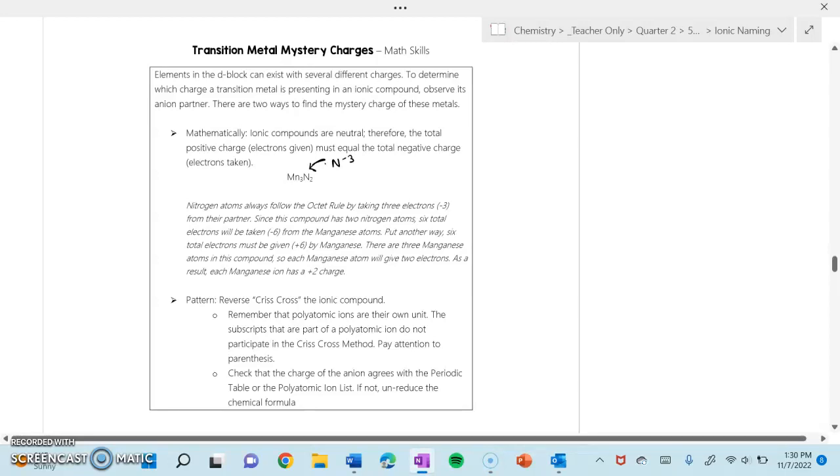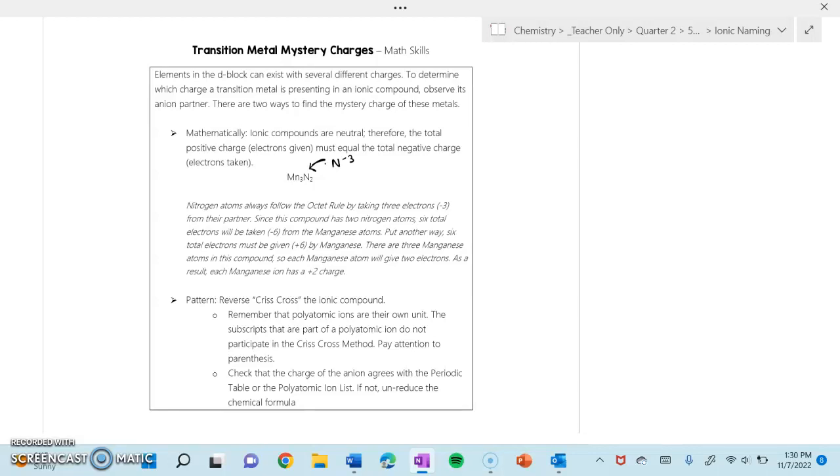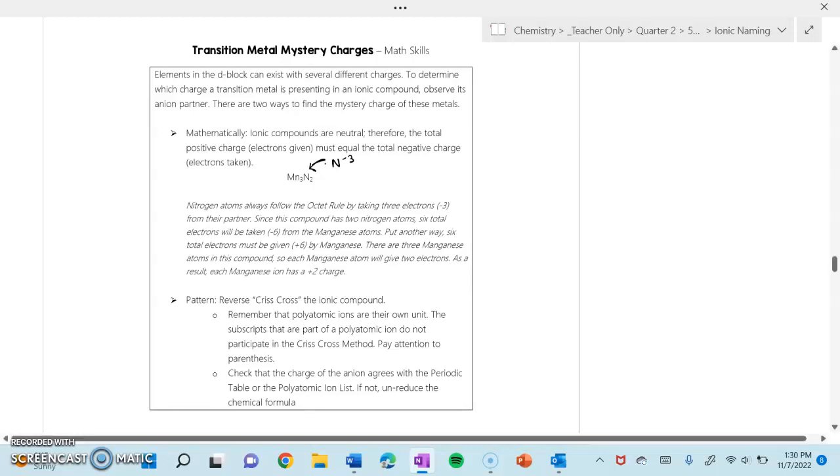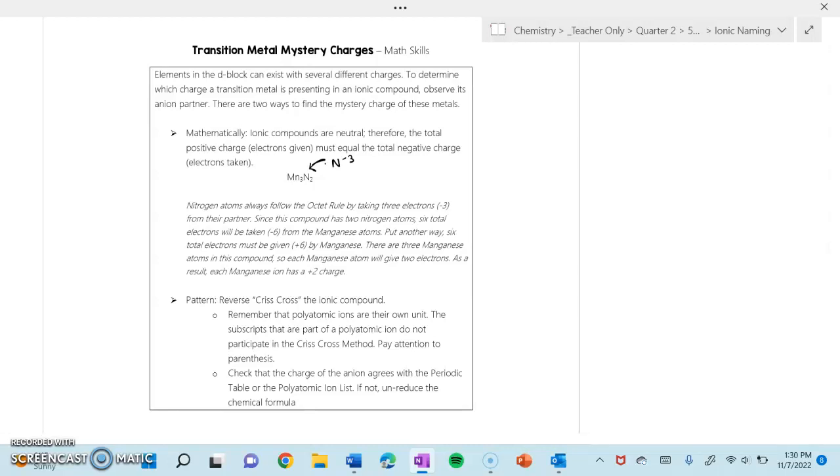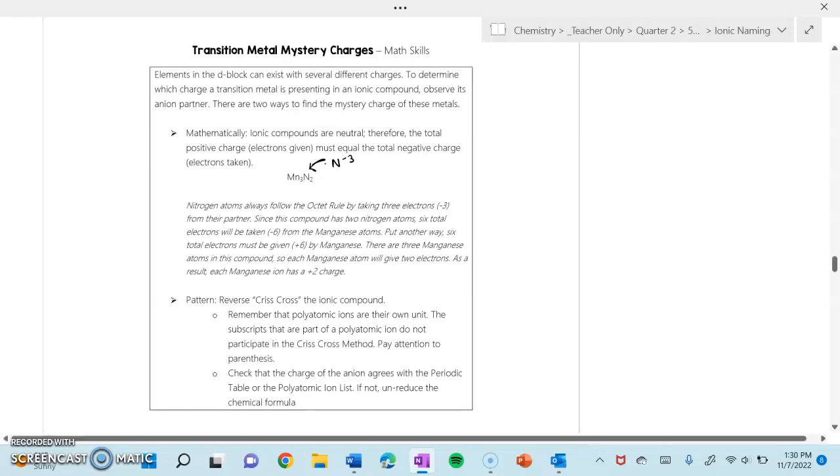So if you read our italics here of an explanation, it says nitrogen atoms always follow the octet rule by taking 3 electrons, so -3 from their partner. Since this compound has 2 nitrogen atoms, 6 total electrons will be taken, -6, from its partner, the manganese atom. Put another way, 6 total electrons must be given by manganese. So if you think about this like the puzzle pieces, we've got 2 nitrogens.